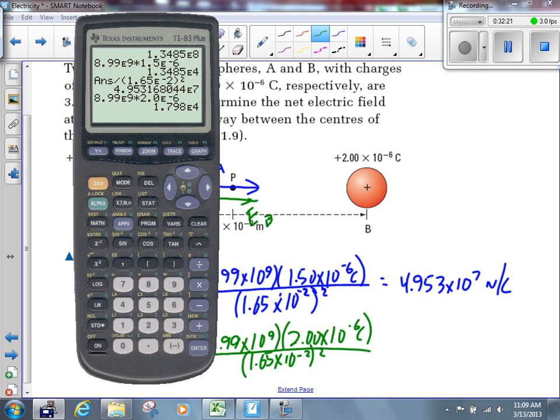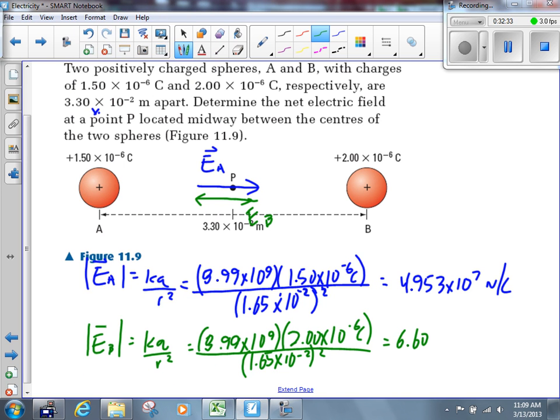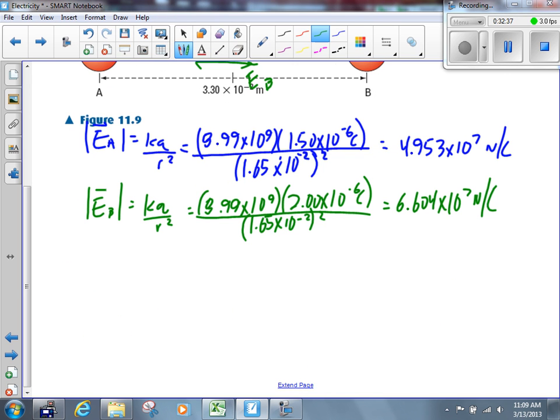Now let's divide that by, once again, 1.65 times 10 to the minus 2. We get 6.604 times 10 to the 7. Now let's add them up.